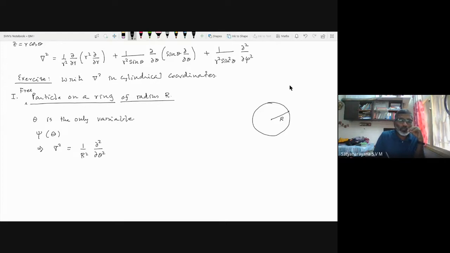So your eigenvalue equation, that is, we are always interested in this equation: H psi is equal to E psi, where this H is P square by 2m, which is equal to minus h bar square by 2m into del square. But we have del square to be given by this.